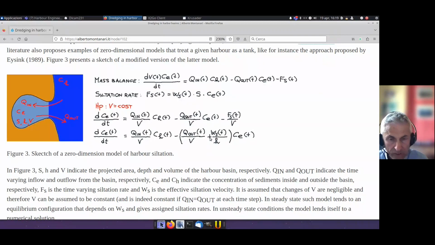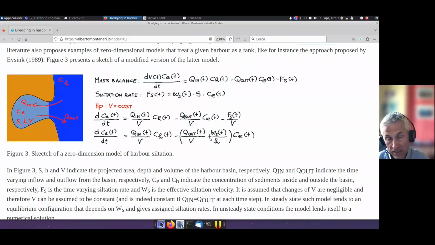the sediment. And if you see the first handwritten equation, we have on the left-hand side the change over time of the volume of the basin, which depends on time, multiplied by the concentration of sediments in the basin, which also depends on time. So volume times concentration gives the mass of the sediments.